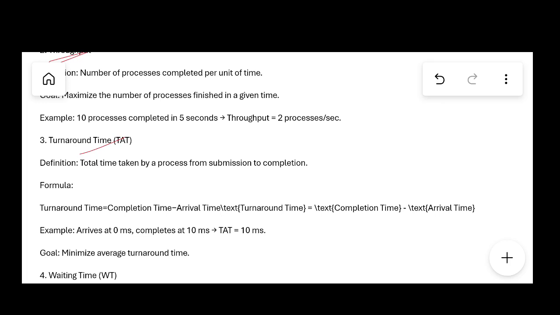This is the total time a process takes from entering the system to finishing execution. We calculate it using the formula: turnaround time equals completion time minus arrival time. For example, if a process arrives at 0 milliseconds and completes at 10 milliseconds, its turnaround time is 10 milliseconds. The goal is to minimize average turnaround time so that processes finish faster.